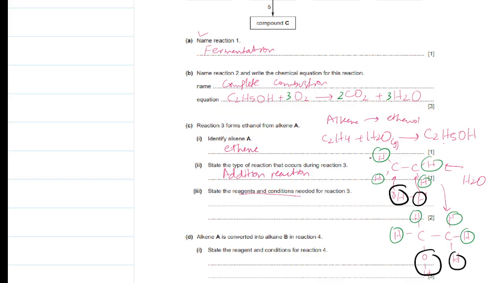Is that clear? So that is why the OH and H has been added into the ethene and it forms the ethanol. Okay.